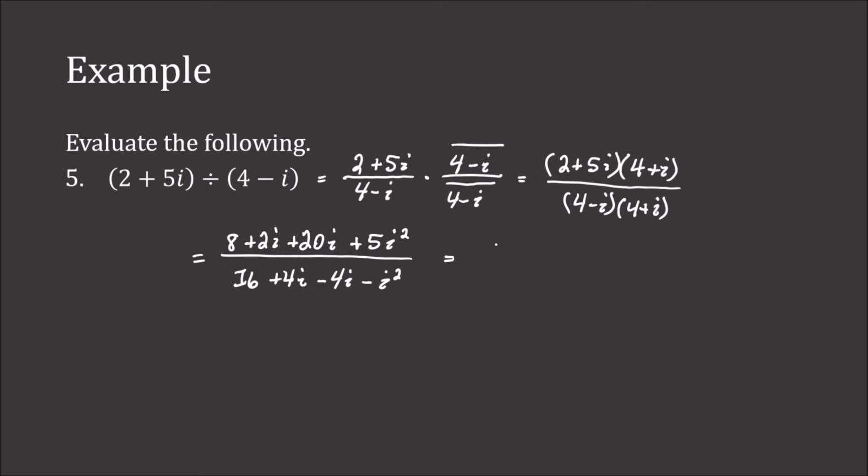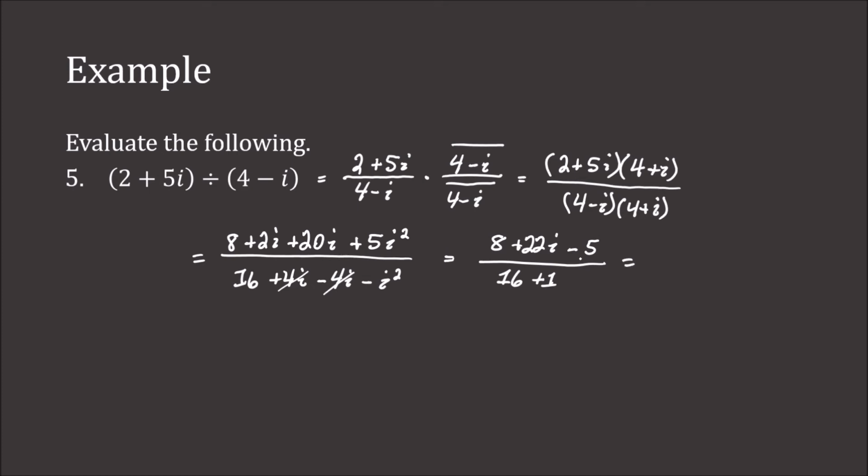So we're going to have 8 plus 22i minus 5 over 16. These will drop out. Minus negative 1 is plus 1.